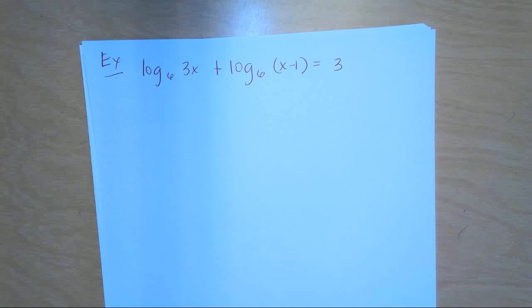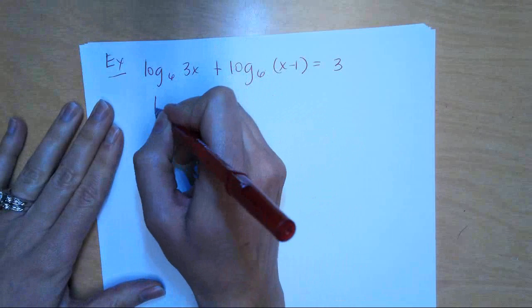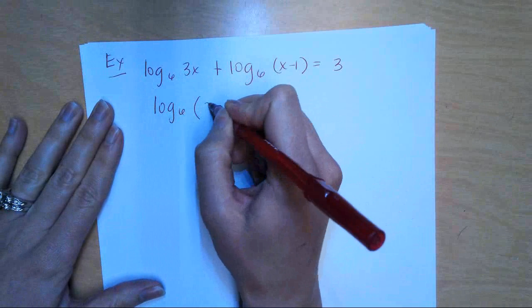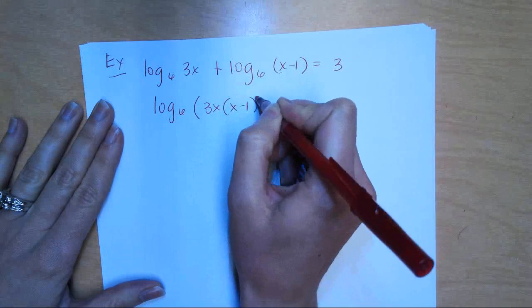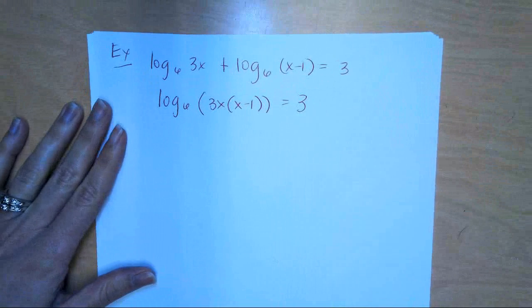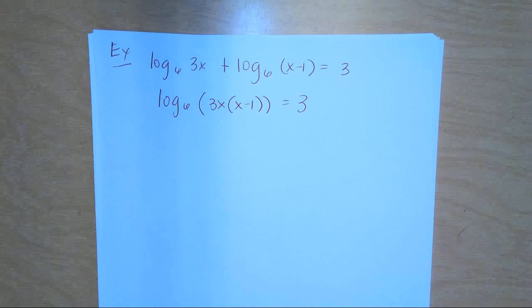Can we write this as a log equals a number? How? Combine the 2 logs. Yes. They're both positive, so that means that both of the numbers are going to be in the exponents. So using our condensing properties, we can combine this to be 1 log.